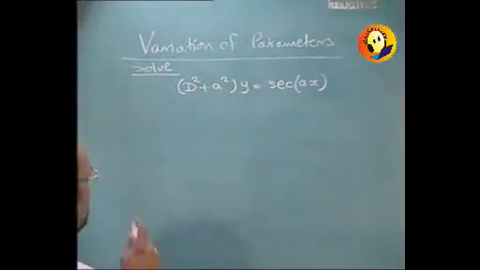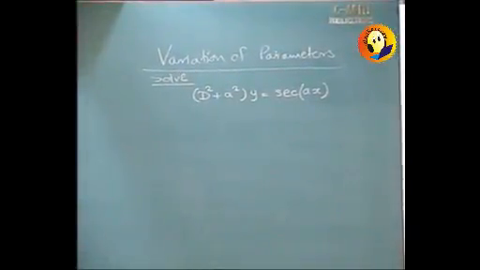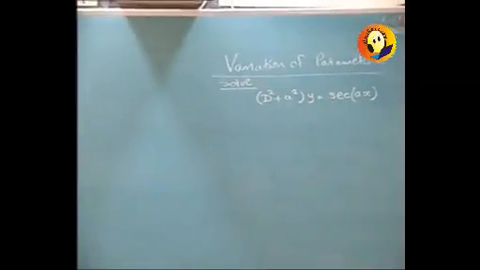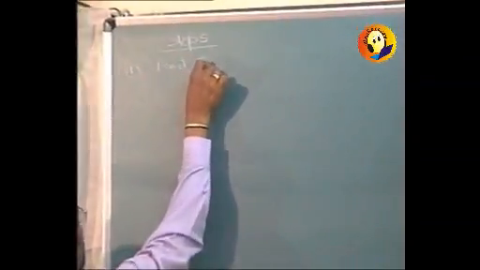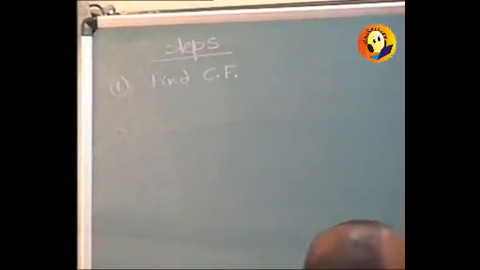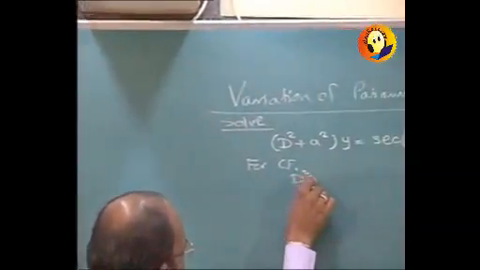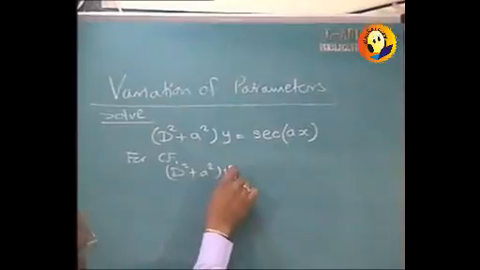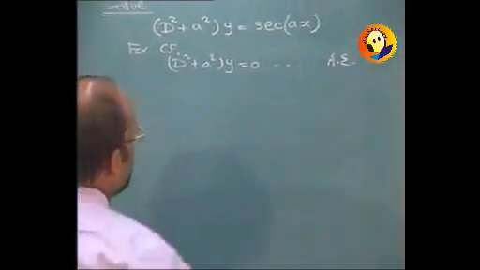I will be writing down the steps as well as implementing those steps. So the steps for solving the problem by the method of variation of parameters. First step will be to find the complementary function. No change in that. So in this case, for CF, we have (D square plus a square) operating on y equal to 0, which is nothing but the auxiliary equation.